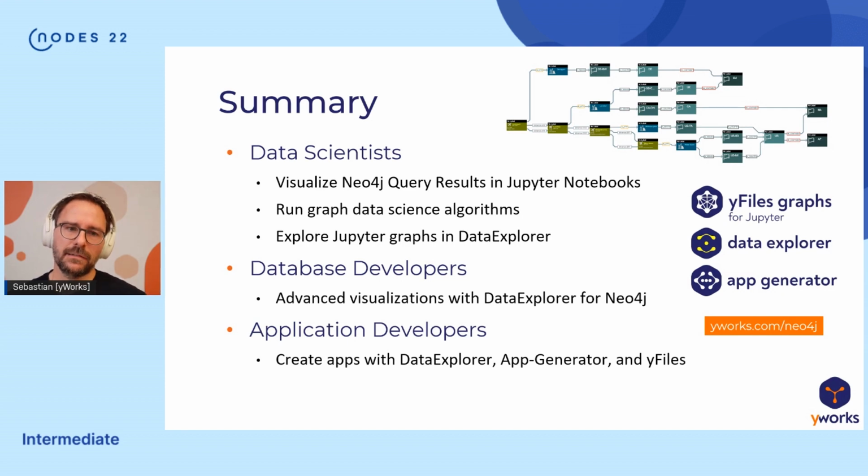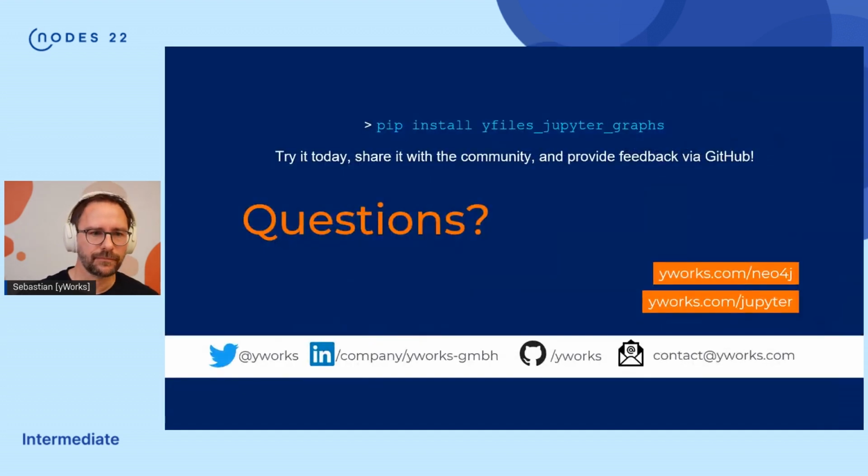If you're a data scientist working with Jupyter Notebooks, you can use the yFiles Graphs for Jupyter plugin as an entry point to render your Neo4j Cypher query results. And you can combine the powerful tools and scripting capabilities that you get from Jupyter Notebooks to create bespoke, helpful visualizations, run graph data science algorithms, and interactively explore your graphs, both directly in the notebook as well as conveniently in the generic Data Explorer app.